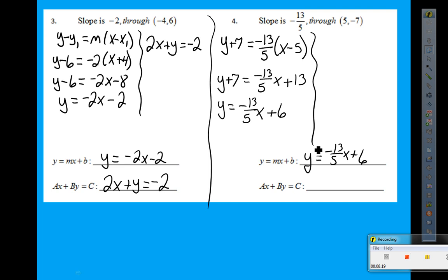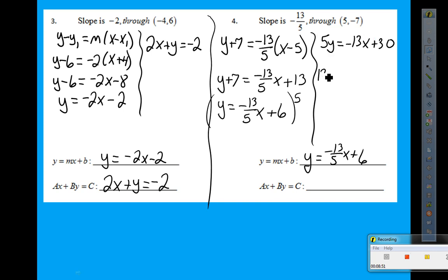Now let's work on standard form. Remember, standard form, no decimals, no fractions, so I need to get rid of those fractions first. So let me multiply everything by 5. I'm going to do the standard form on this side. So I'm going to have 5y equals negative 13x plus 30. Let's get the x and y on the same side. So move that negative over here.